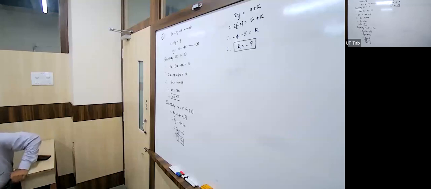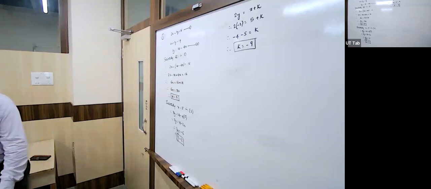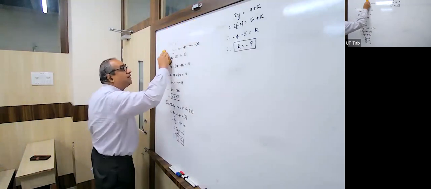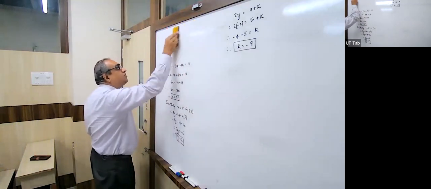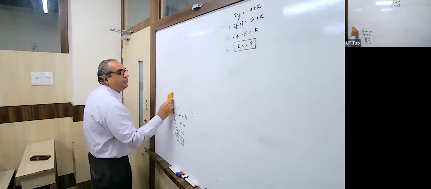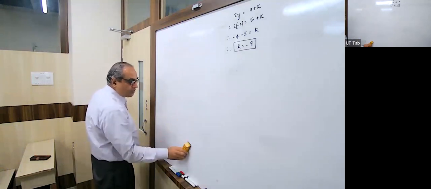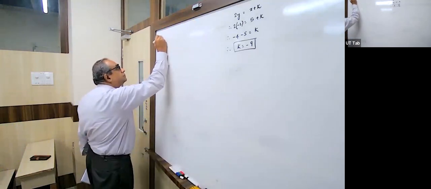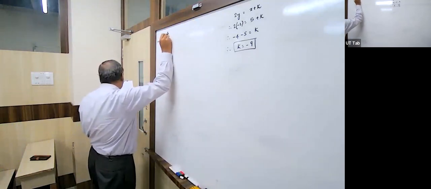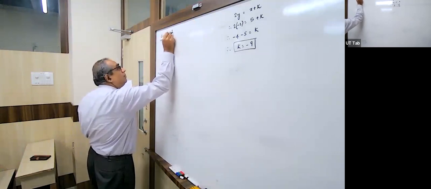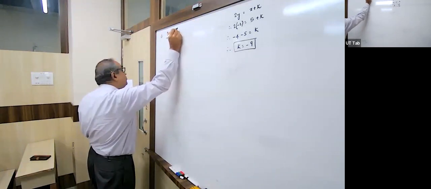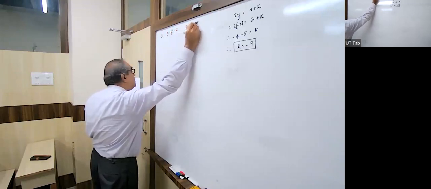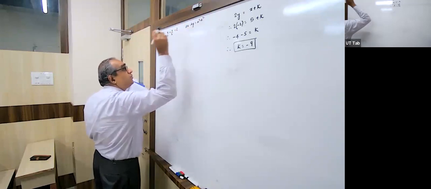Question 3. Again, there are different methods, as I told you, of solving these, but since we are doing the method of substitution and we have not learned the other method, we shall use the substitution method only. X upon a plus y upon b is equal to 2. ax minus by is a squared minus b squared.